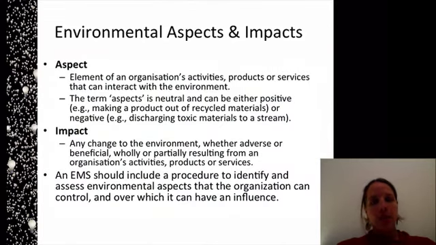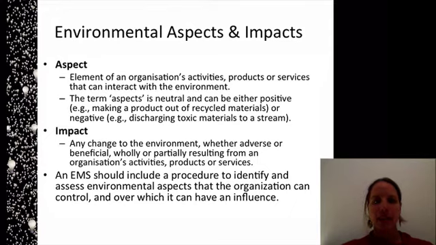One of the key focal points of an environmental management system is this idea of environmental aspects as well as impacts. So an aspect is anything that the organisation does, an organisational activity. So it can be positive or negative. It's making a product out of recycled materials, the example here on the slide, or it might be negative, such as discharging toxic waste into a stream.